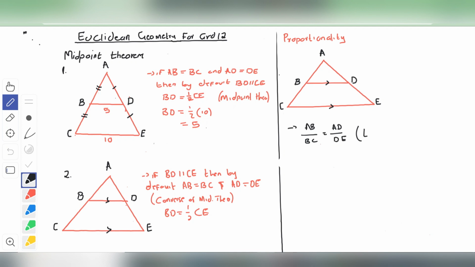And the reason is line parallel to one side of a triangle, right? And we also know that you can just play with them the way you can. AC over BC is equal to AE over DE.